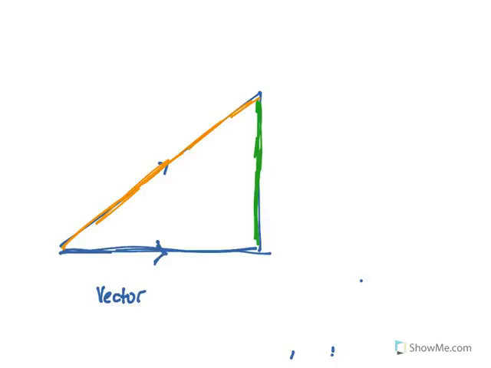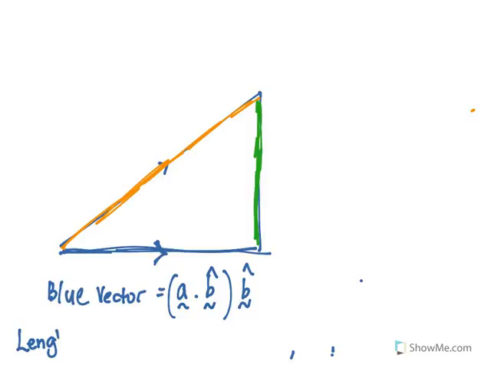The blue vector is equal to A dot B hat times B hat. But the length of the blue vector is just mod of A dot B hat.